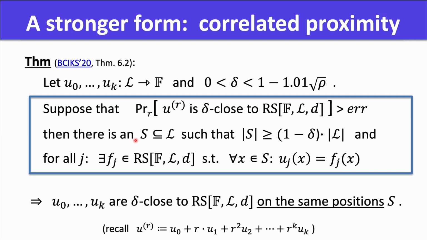In fact, there's a subset S of positions in the code that's sufficiently large, bigger than 1 minus delta times the domain of the code, such that every uj matches a code word at every element of S. So not only are u0 to uk delta close to the Reed-Solomon code, they're delta close on the same positions identified by the set S. This is called correlated proximity because it shows that all these words are delta close using exactly the same positions in a large enough set S. The fact that we have correlated proximity is going to be really important for what's coming.